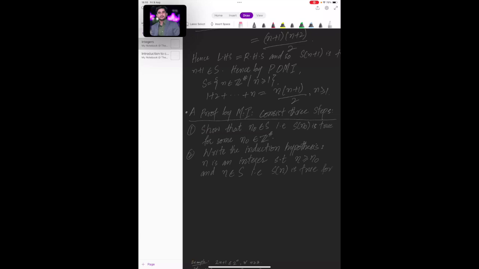for some integer n such that n is greater than or equal to n naught, or you can say do the same thing for some k.